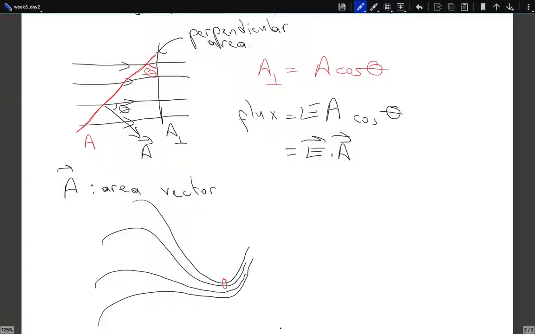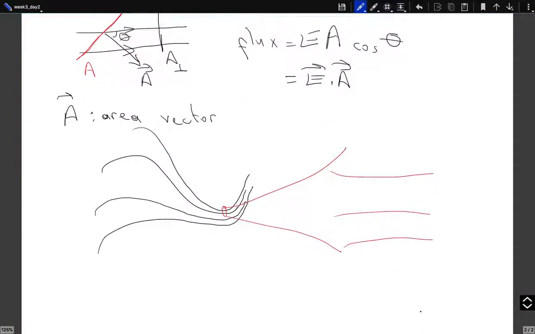Enlarge it. Probably still they will not be parallel. But take an even smaller region and enlarge it. Now they will be parallel. Well, these are parallel.